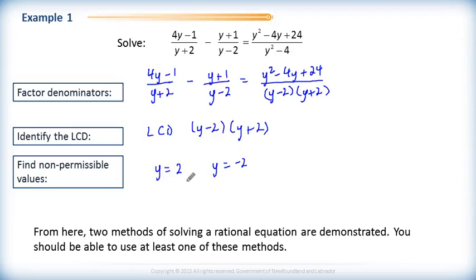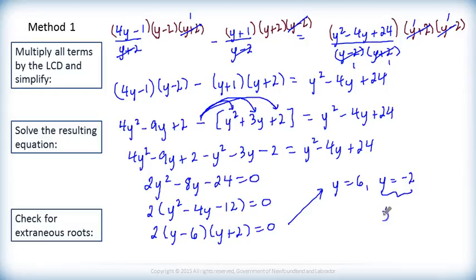But recall from this slide, -2 is a non-permissible value. Therefore, y equals -2 is extraneous because it's non-permissible, and y equals 6 is our only solution.